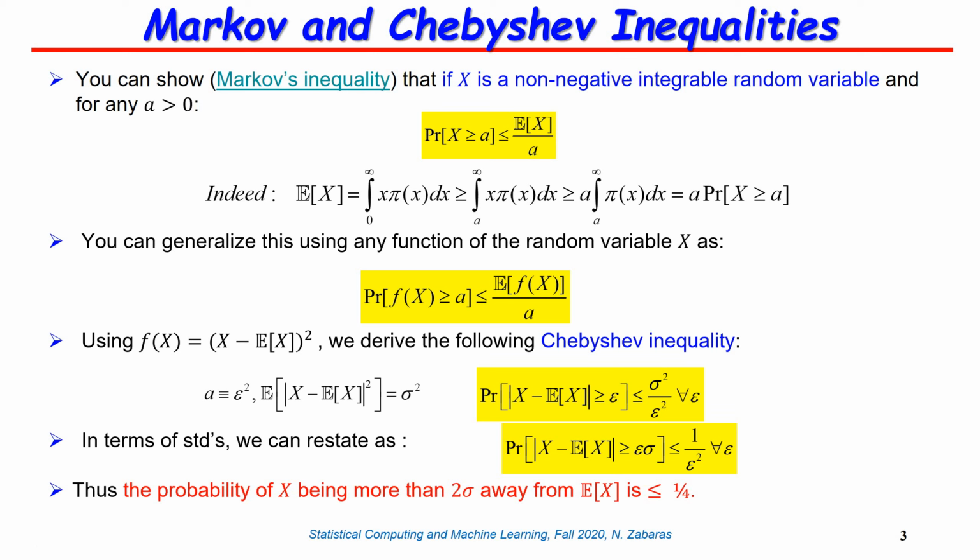Because if somebody tells you that the probability of x greater than or equal to a is less or equal than, let's say, 25, you say thank you very much, because I already know it's less or equal to 1. So you expect to have bounds that are tight, so these inequalities can become useful in practice.